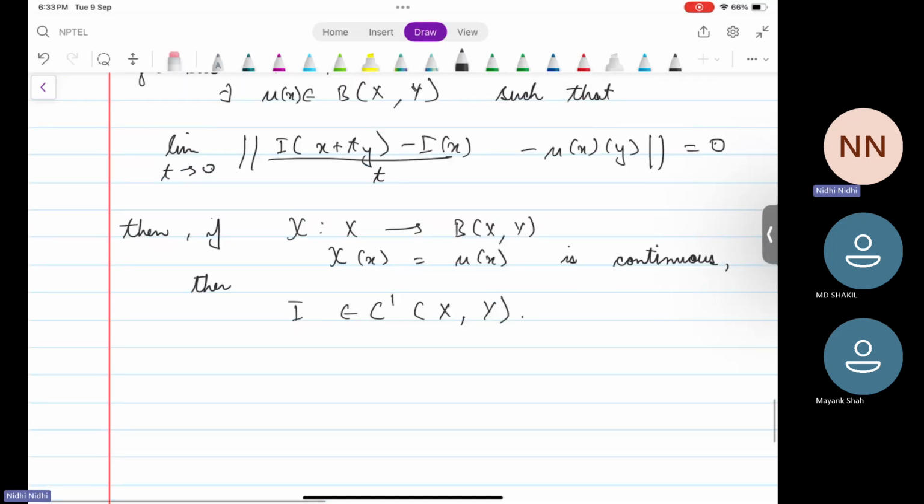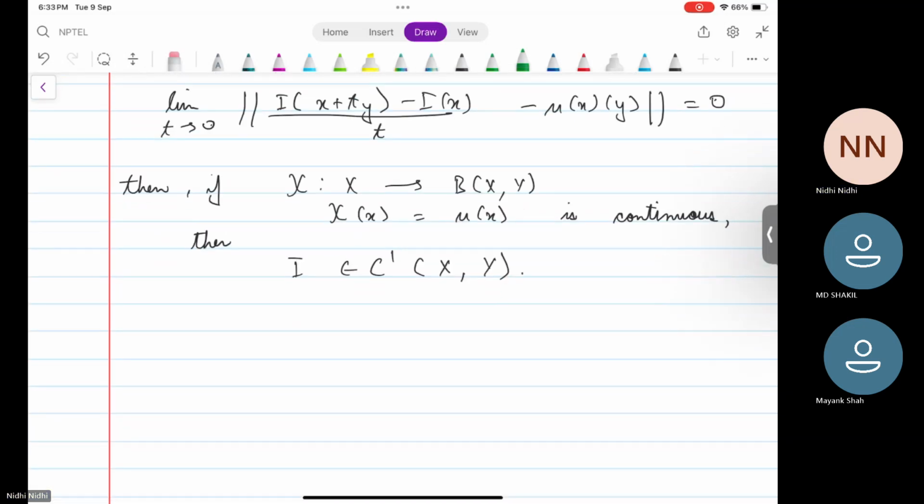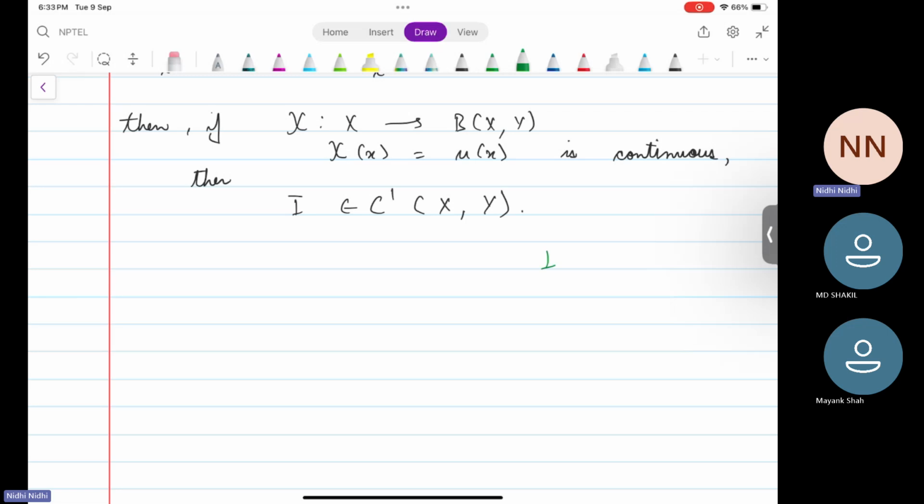Talking about the derivative, I dash, when we have I from X to Y, at every point I dash x is again a linear map from X to Y. What will be the domain of I dash?